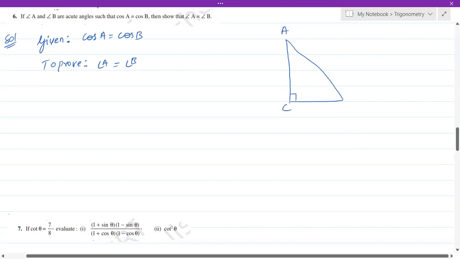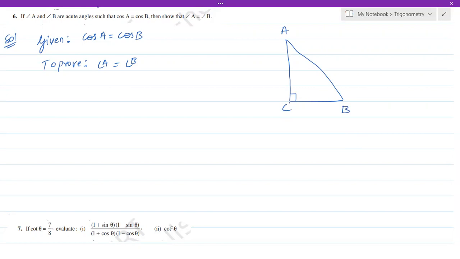So let me take C here and B here. Now angle A and angle B are acute angles. What is given? Cos A is equal to cos B. Now let's find cos A. Cos is defined as adjacent by hypotenuse. Now, if I say cos A, the angle is at A. So which becomes the opposite side?